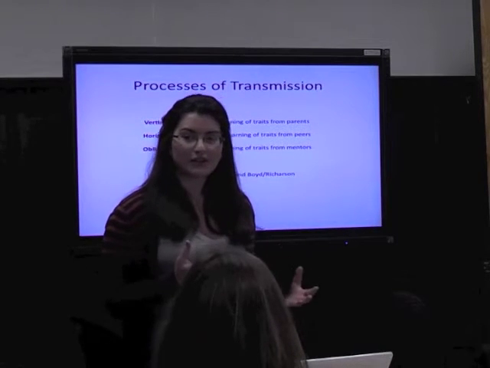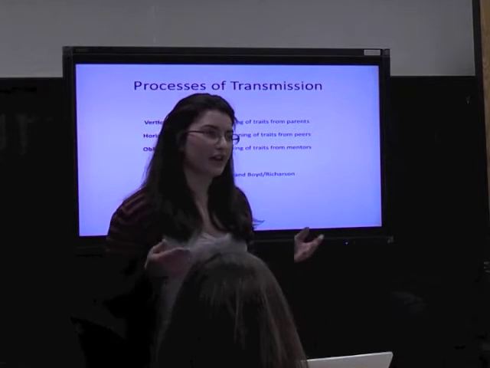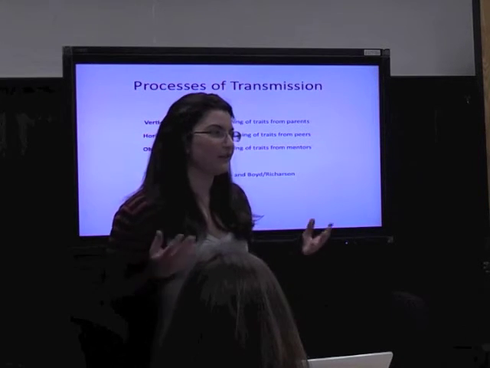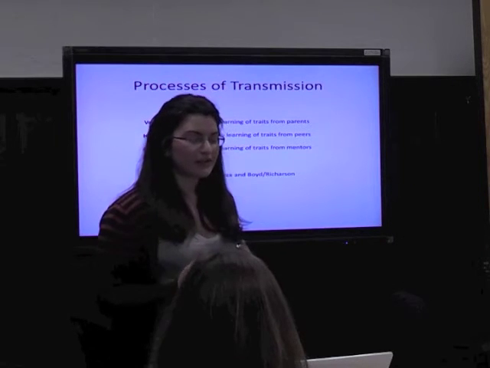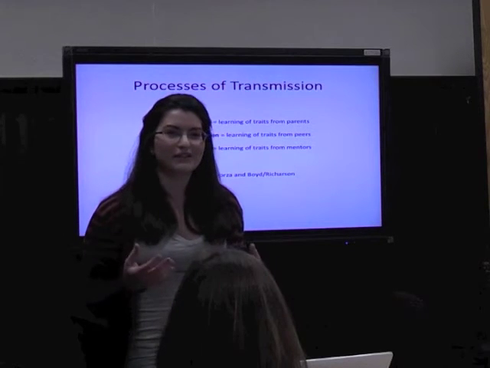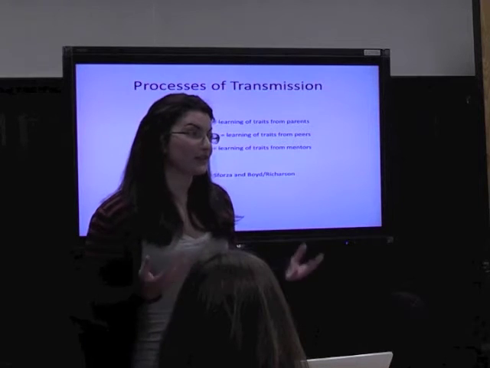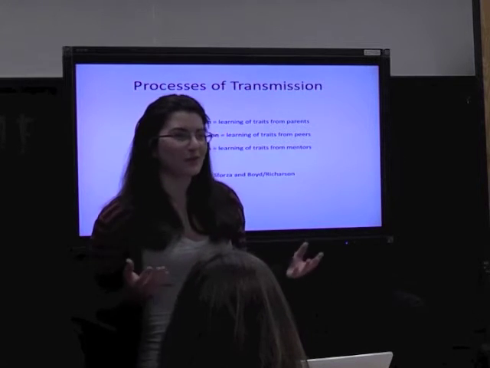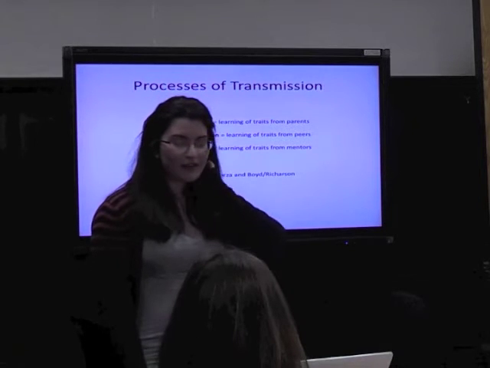Then there's horizontal transmission, or peer-to-peer transmission, so someone your age, even a cousin or a friend you're not related to who teaches you something. And then there's oblique transmission, or learning of traits from mentors. That could even be an aunt or an unrelated older adult who teaches you a trait, like how to weave in a certain way, or reading, anything like that.